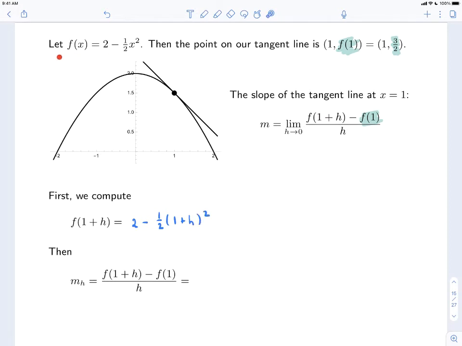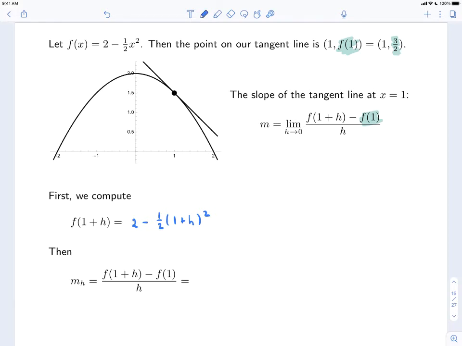Our formula for f of x says that whatever the input is, you look at 2 minus 1/2 times the input squared. In this case, our input is 1 plus h.